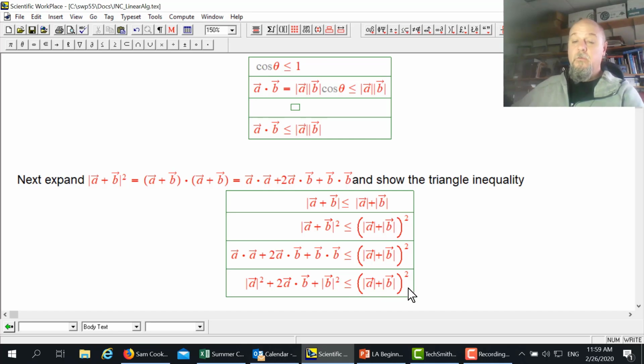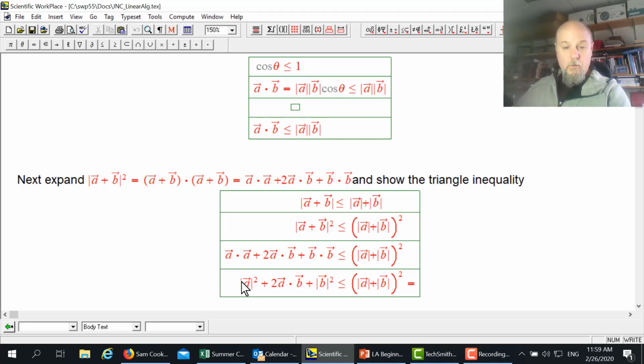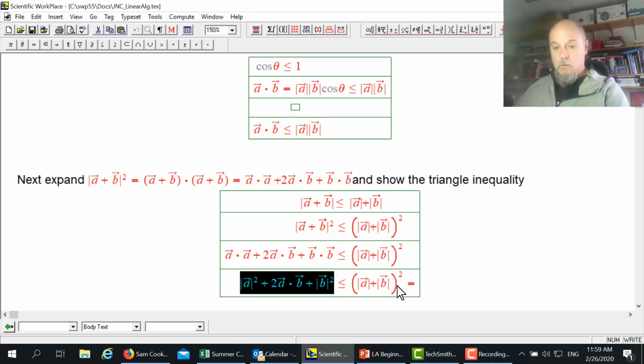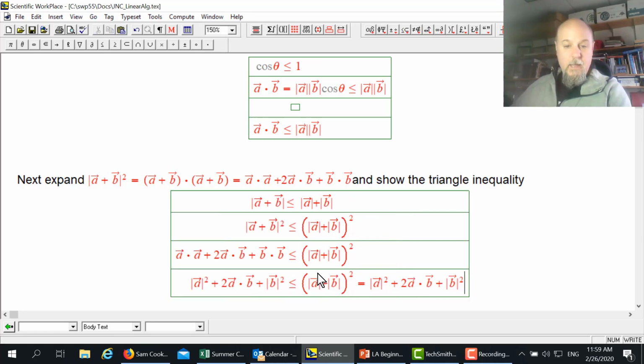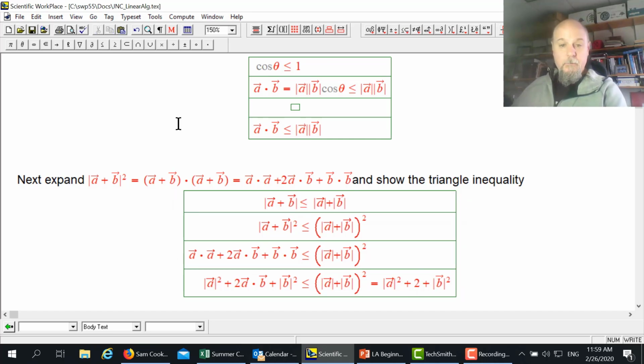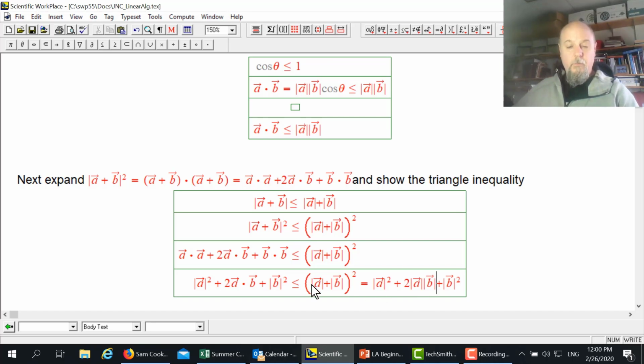These are just magnitudes. So that's going to be equal to magnitude of A squared plus 2. This isn't dot product. This would be magnitude of A times magnitude of B. So here's me squaring out this side. To show what I want to show, which is the top line, I have to show this second line, expanded out as the third line.